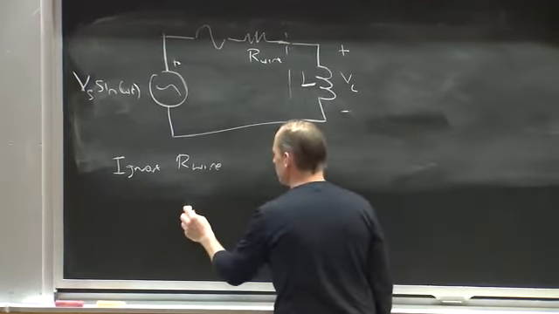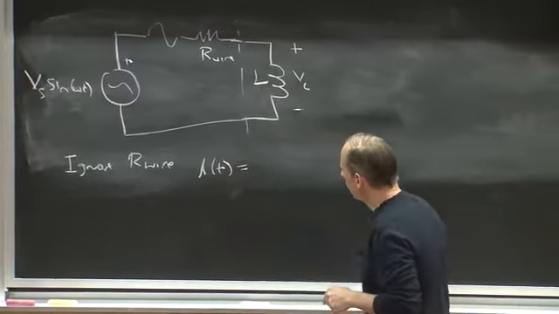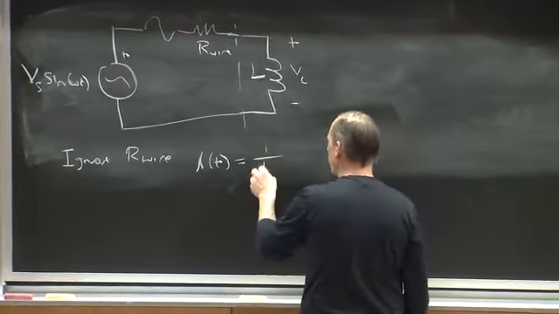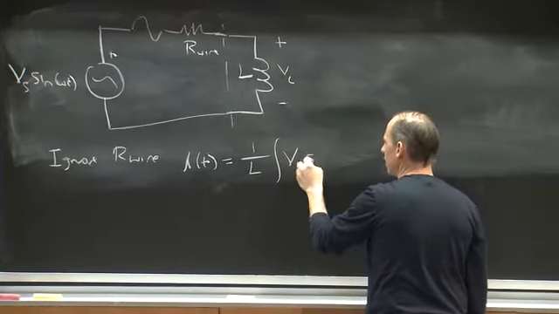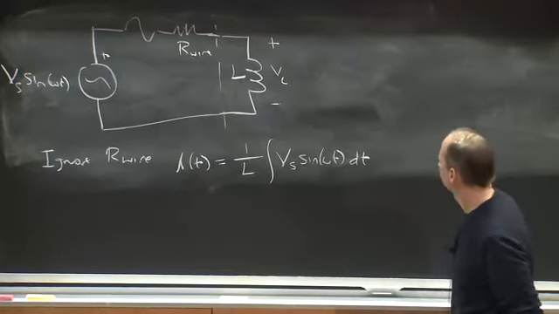Well, I of t would be what? V is equal to L dI/dt. So this should be 1 over L, the integral of Vs sine omega t dt. Okay.